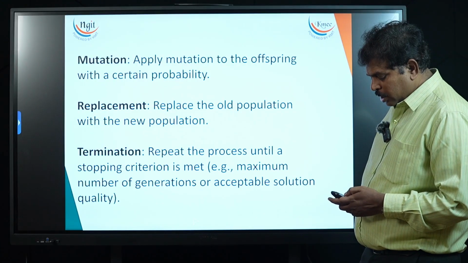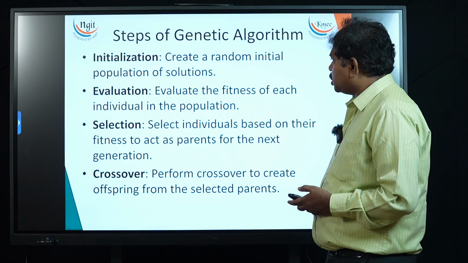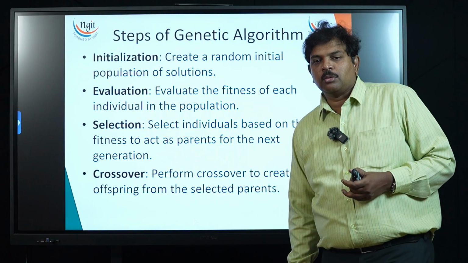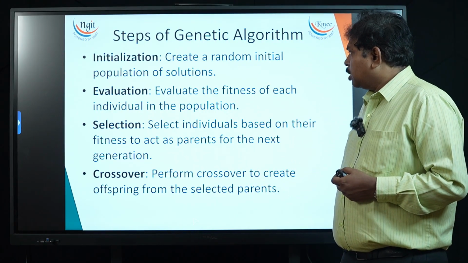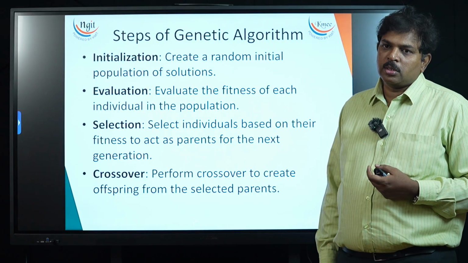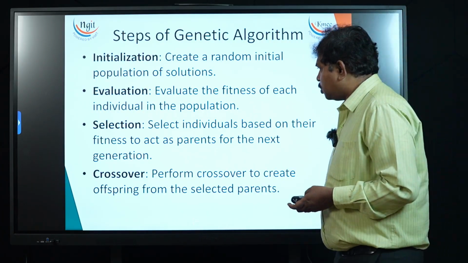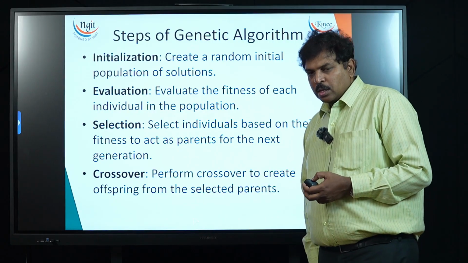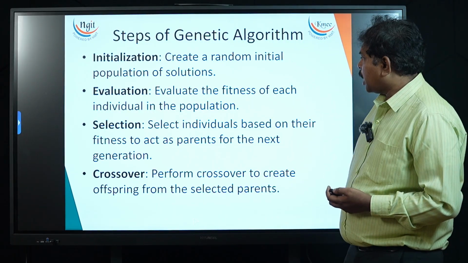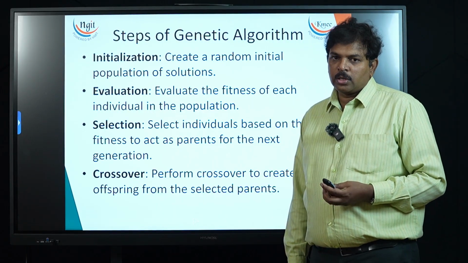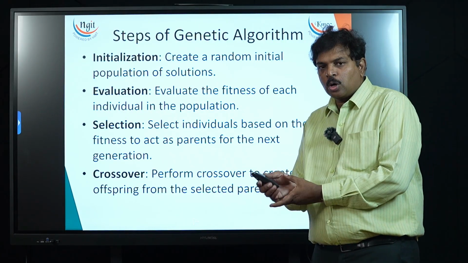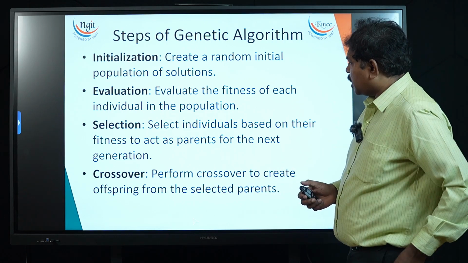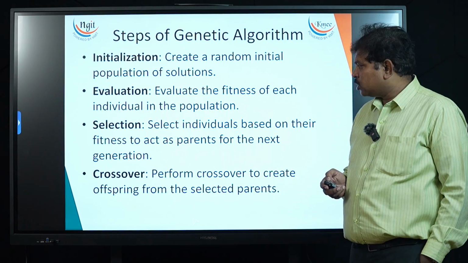Now, there we talked about a population; here we talk about solutions. Suppose a problem may have many solutions, a population of solutions. Out of that population of solutions, we calculate their fitness through a fitness function, and based on the output of the fitness function, we select the solutions.